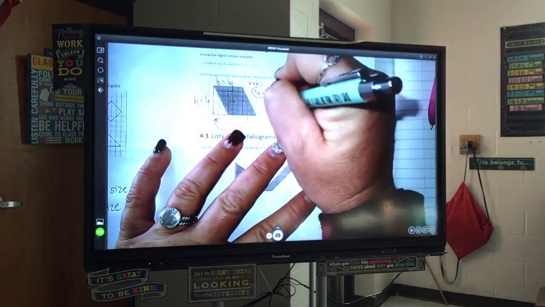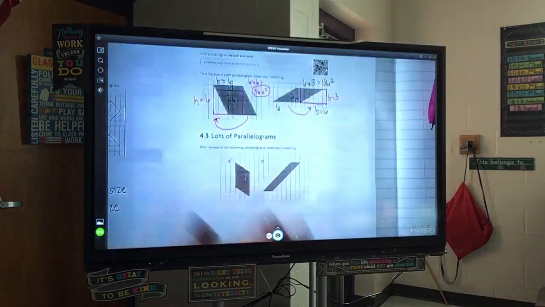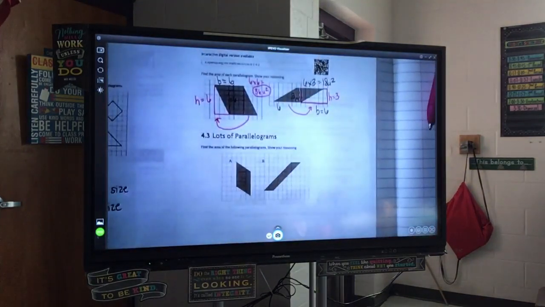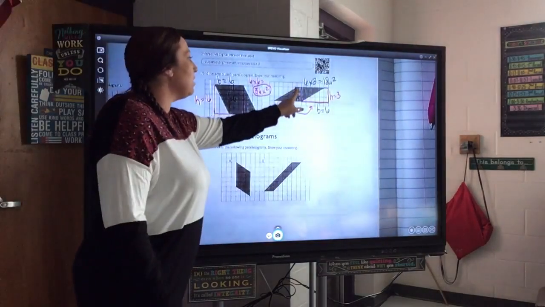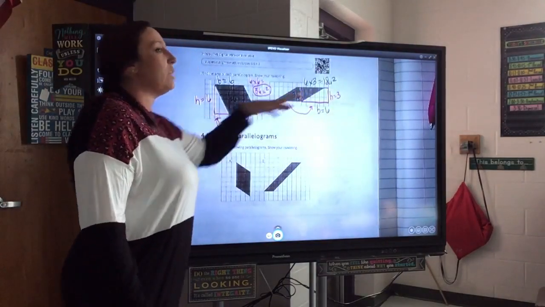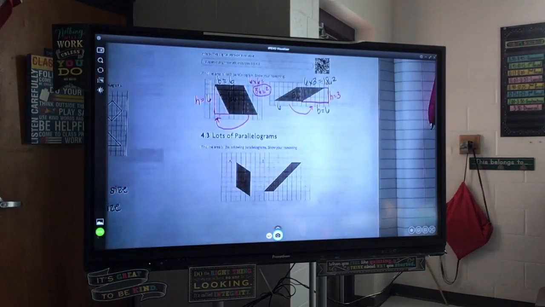Our base is still 6 and our height is still 3. So either way will work. And if you identified the height over here, that's fine. If you identified it over here, that's fine as well. As long as it is perpendicular to the base, that is all that matters.